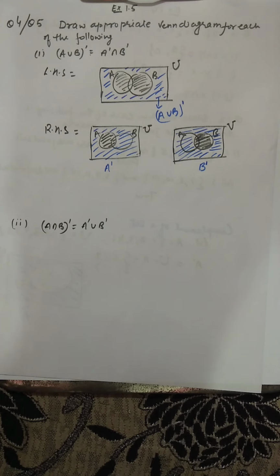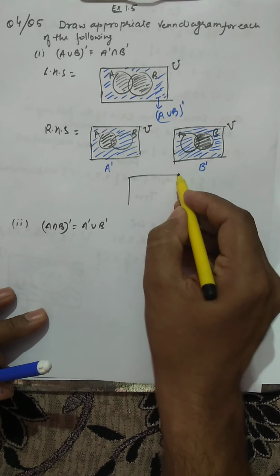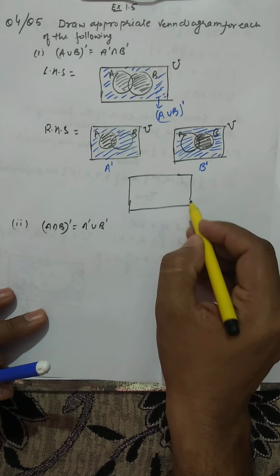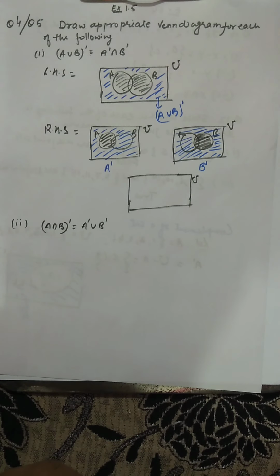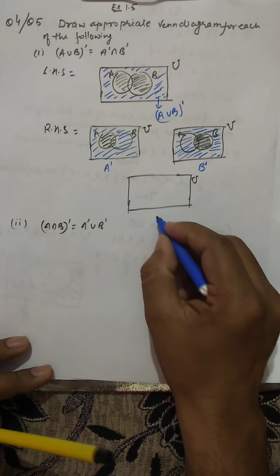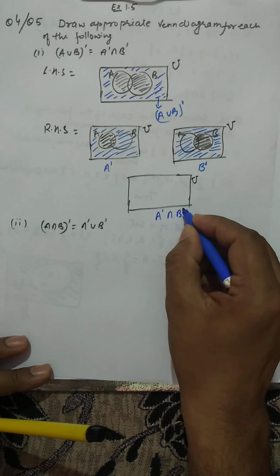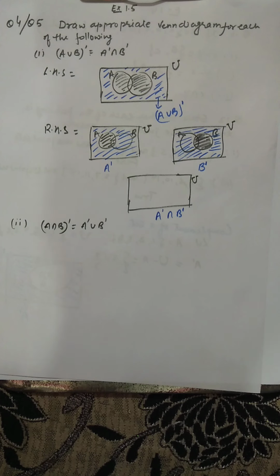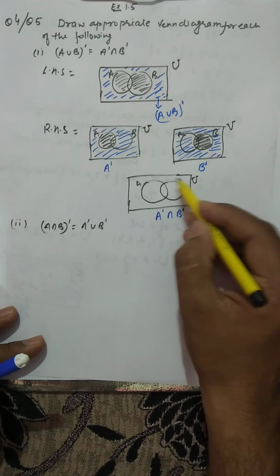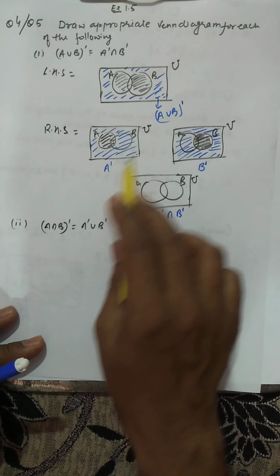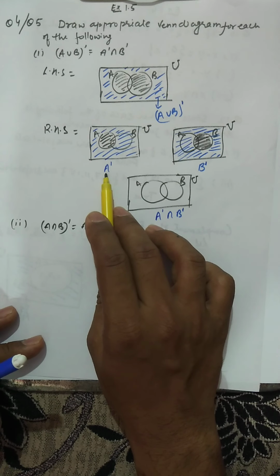Now I am making this final Venn diagram in which, this is universal, you have to show A complement intersection B complement. So now you see yourself: this is A, this is B, then which area is common between this color and this color?